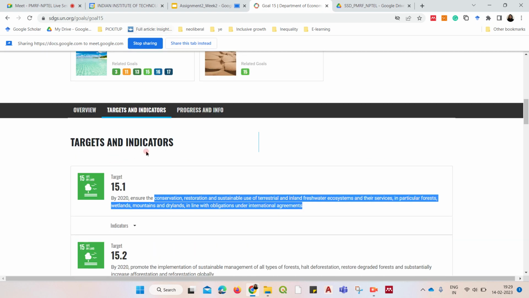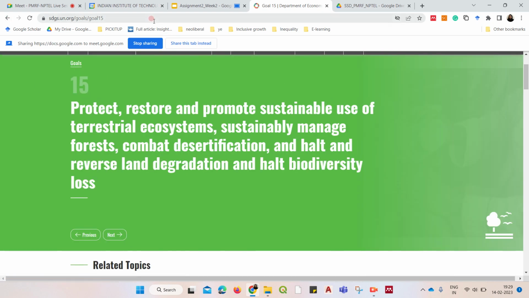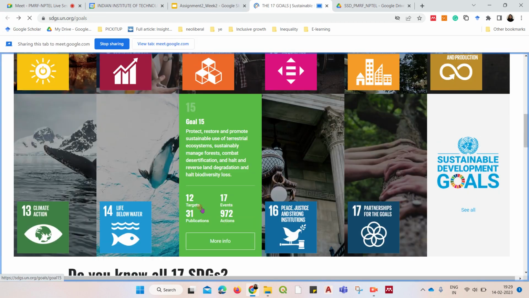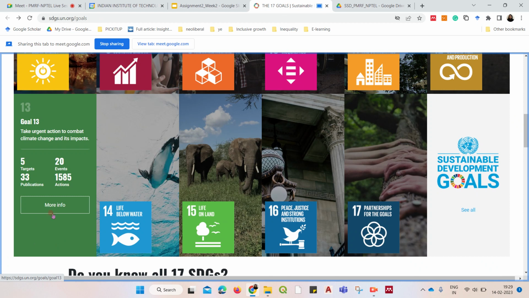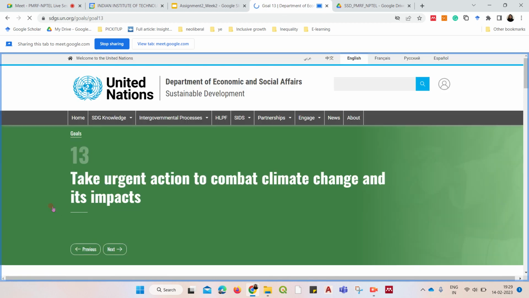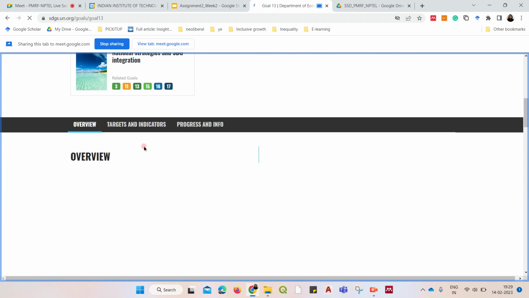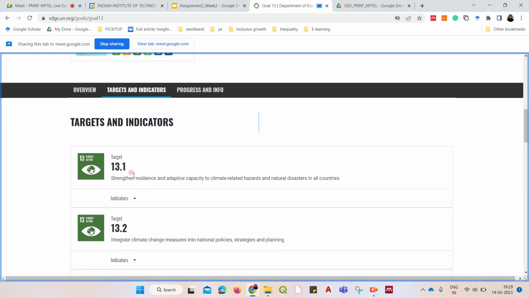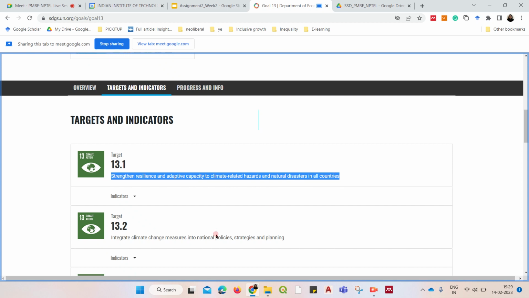Whereas if you go back and go to the climate action goal, and go to targets and indicators, you see the first target is to strengthen resilience and adaptive capacity to climate related hazards.